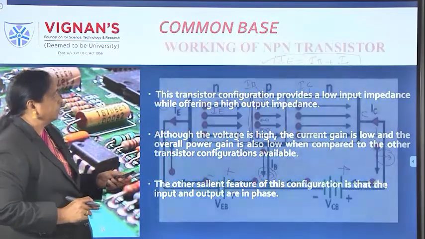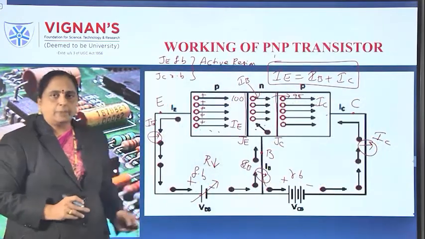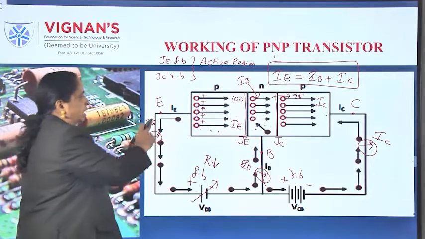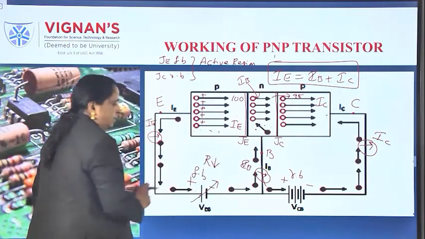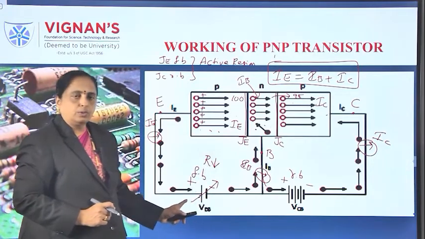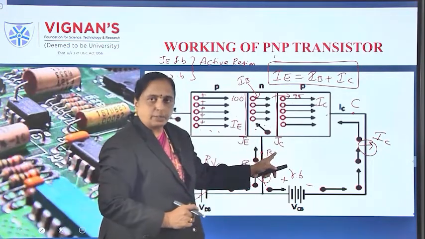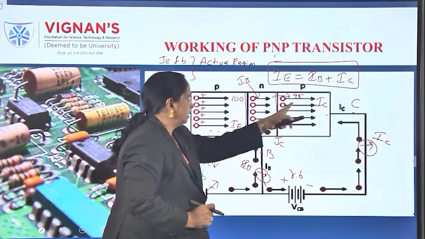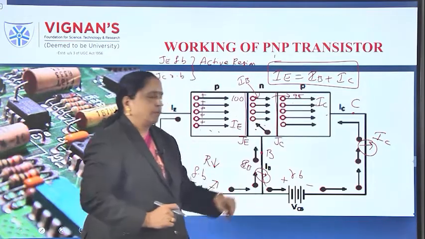Now let us see here, in the case of the PNP transistor, we connected BJT in the active region. That means between emitter and base there is a forward bias, P positive, N negative, and the collector junction is reverse biased, that is collector minus, P minus N plus.